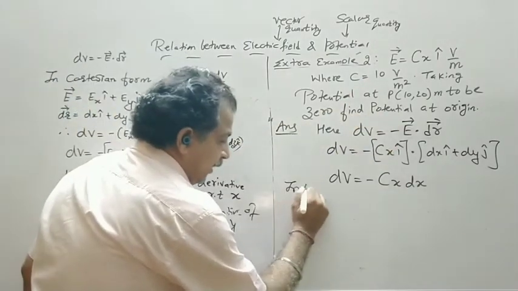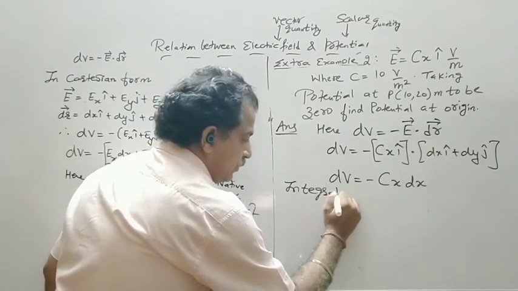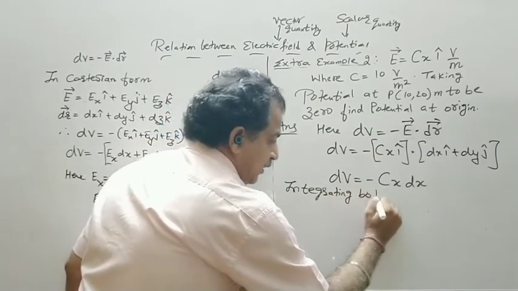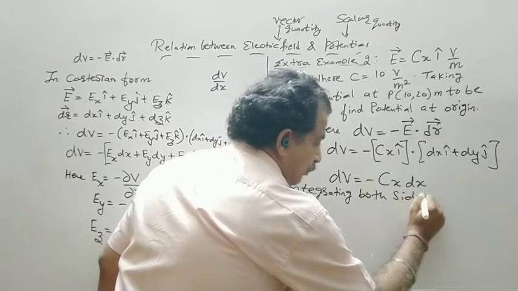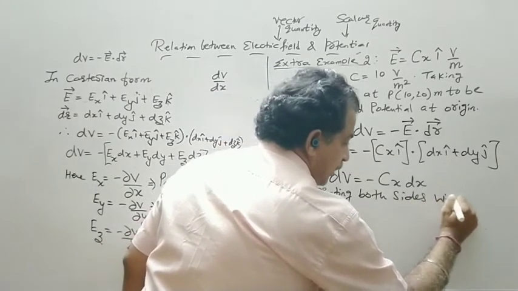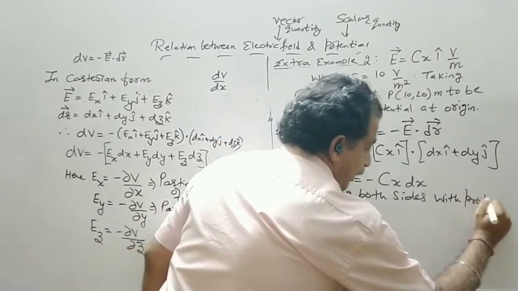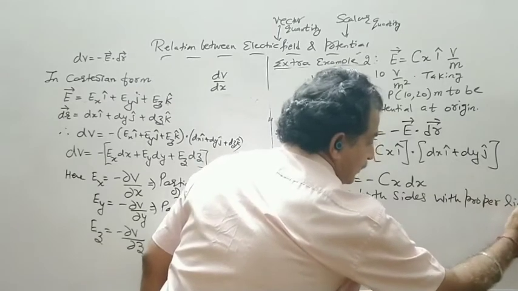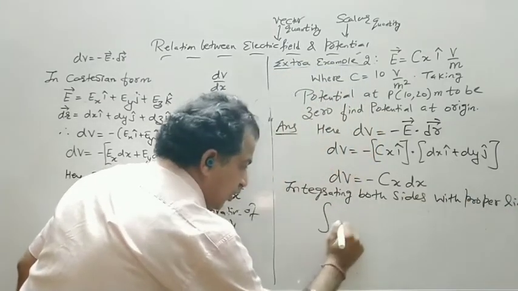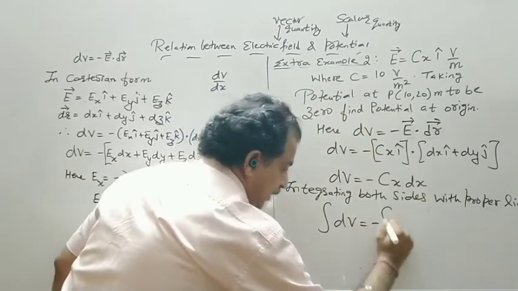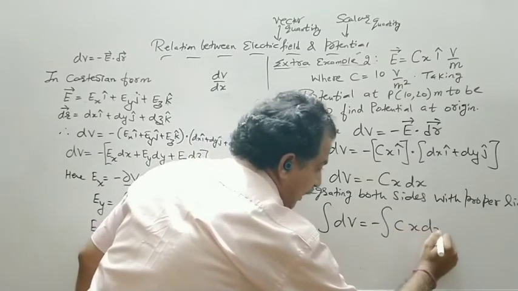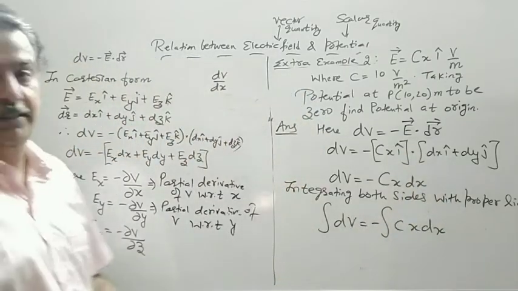So integrating both sides with proper limit, integration of dV equals minus integration of Cx dx. Now what is given?